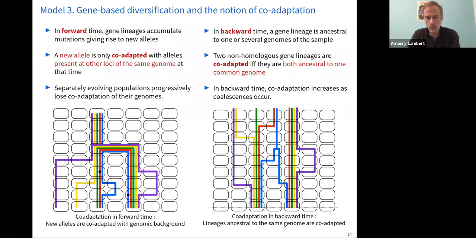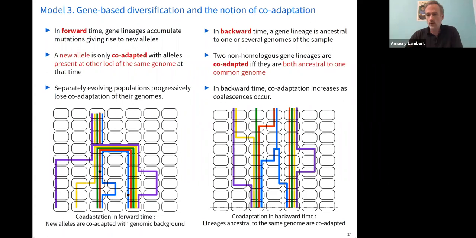In backward time, we don't want to keep track of mutations, and so what we decided is to say that because genes that are found in the same genome today cannot have spent too much time in the past in different species, because otherwise, if you look at the cartoon on the right, on the left, they would not be co-adapted and they could not be in the same genome because they would have accumulated too many mutations.